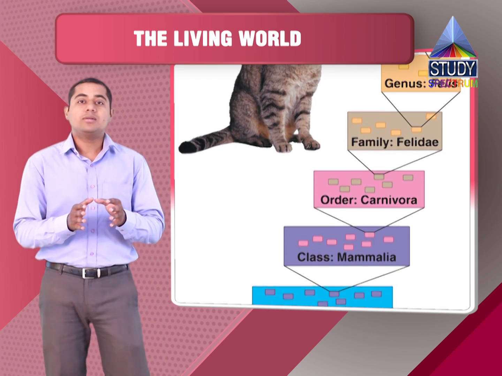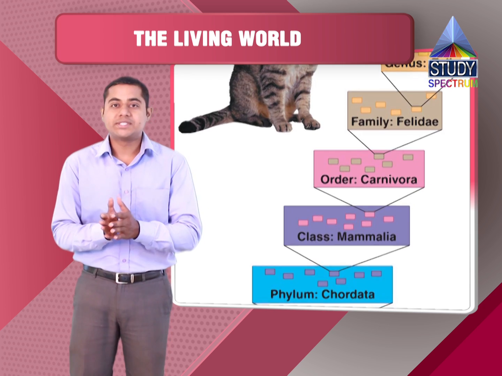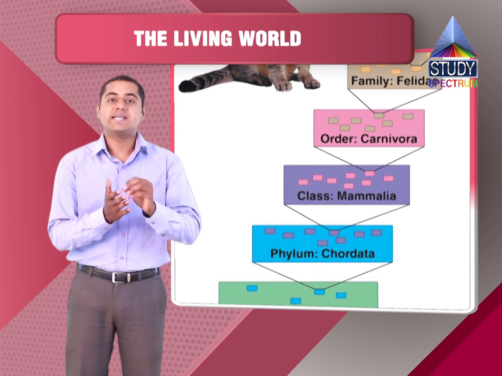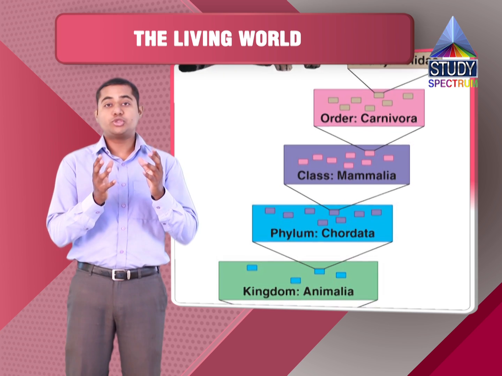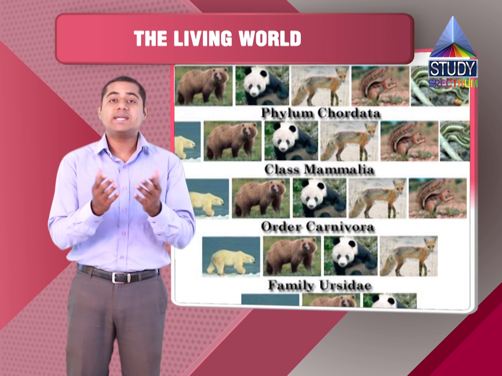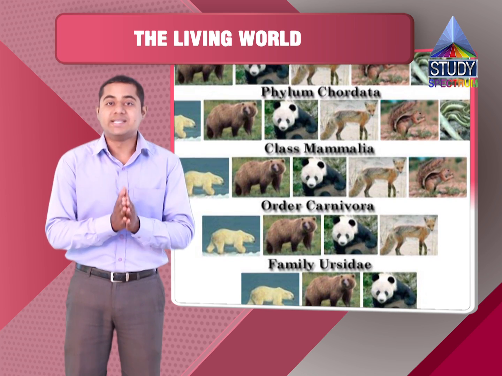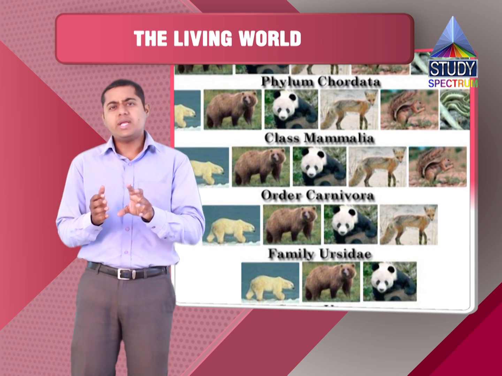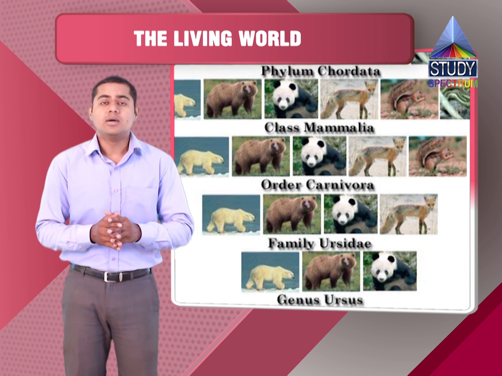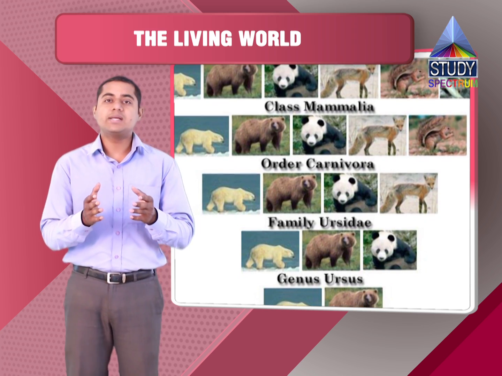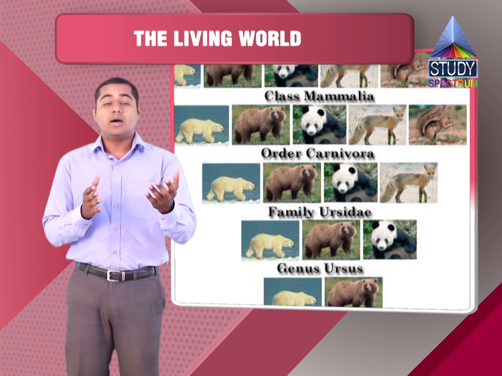A key is nothing but a set of questions, or a lead, we can say, a sentence which represents a choice between two contrasting or opposite properties. So every sentence in a key represents a choice between two opposite characteristics. Automatically, what does it facilitate?